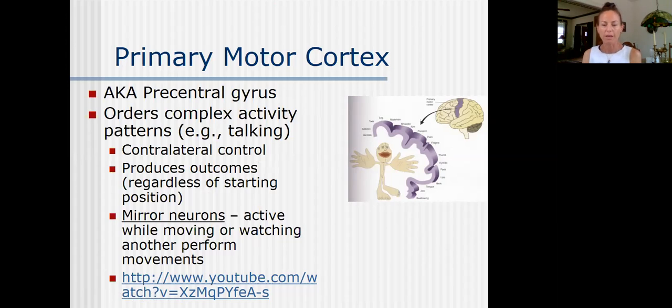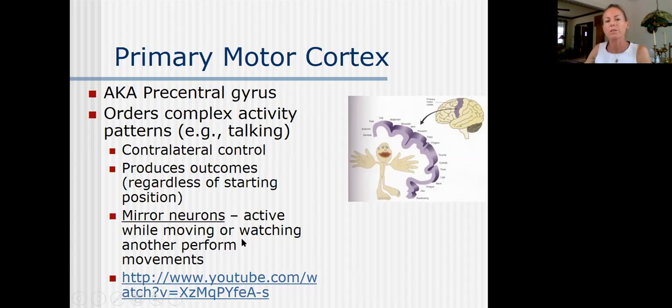We do have contralateral control, so the left side of our brain is going to control movement in the right side of our body, and vice versa. It produces outcomes regardless of starting position. So if you're standing on your head and you go to pick up a cup, that may be different from standing on your feet going to pick up a cup, but it accomplishes both of those. The starting position doesn't matter as much for this area.